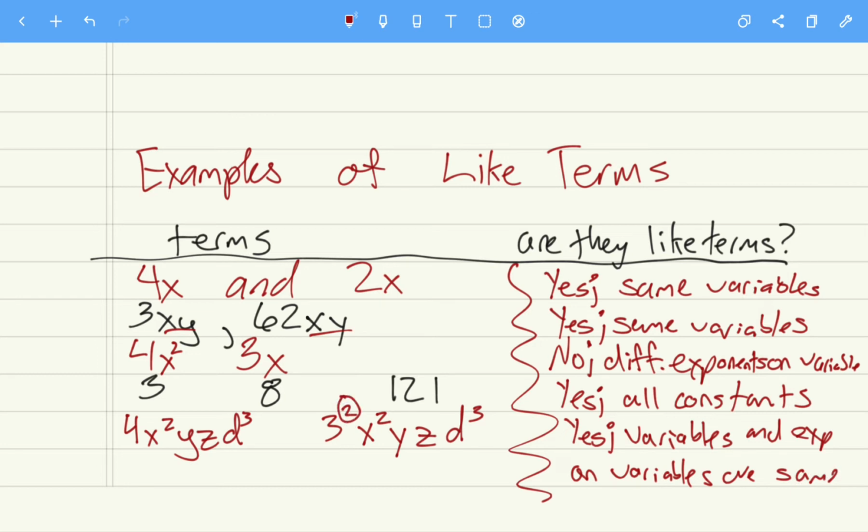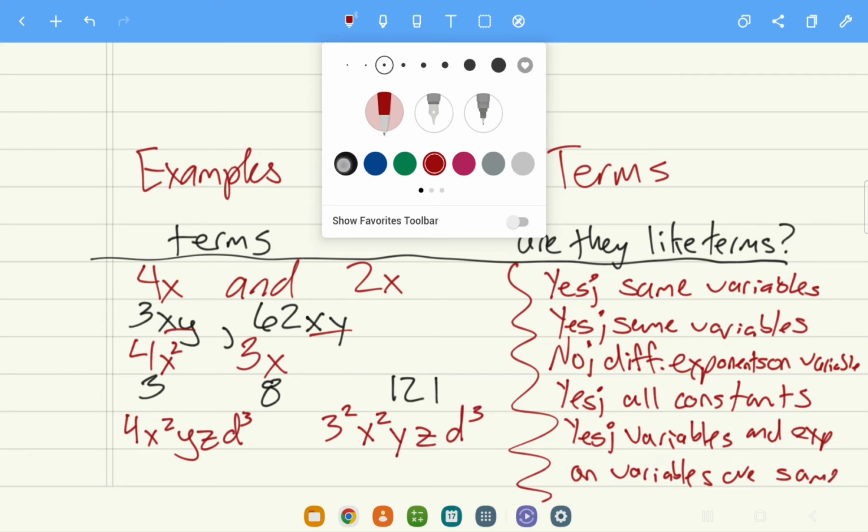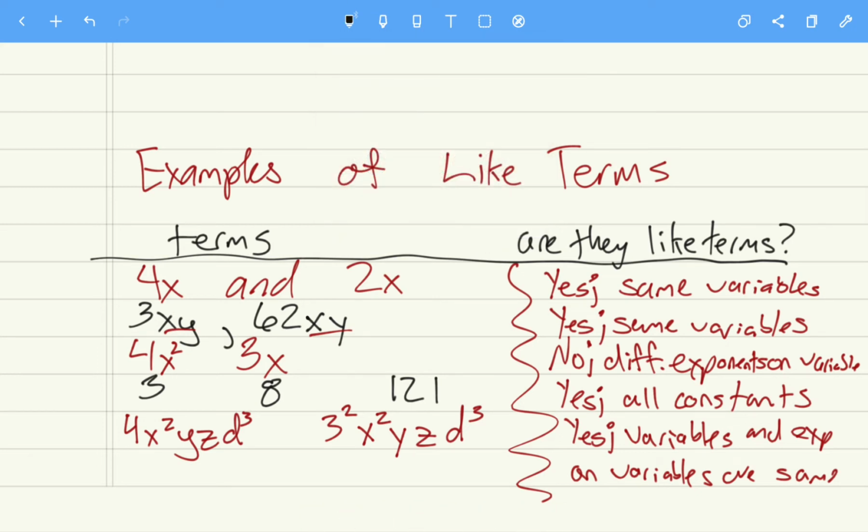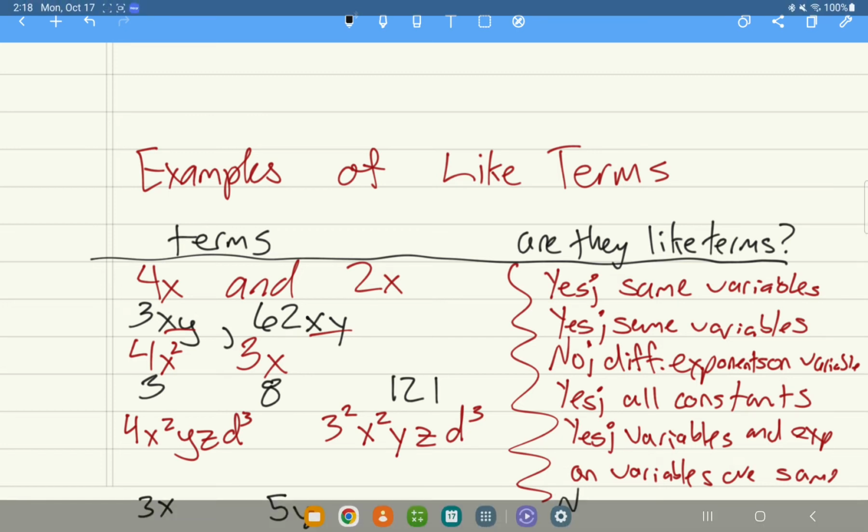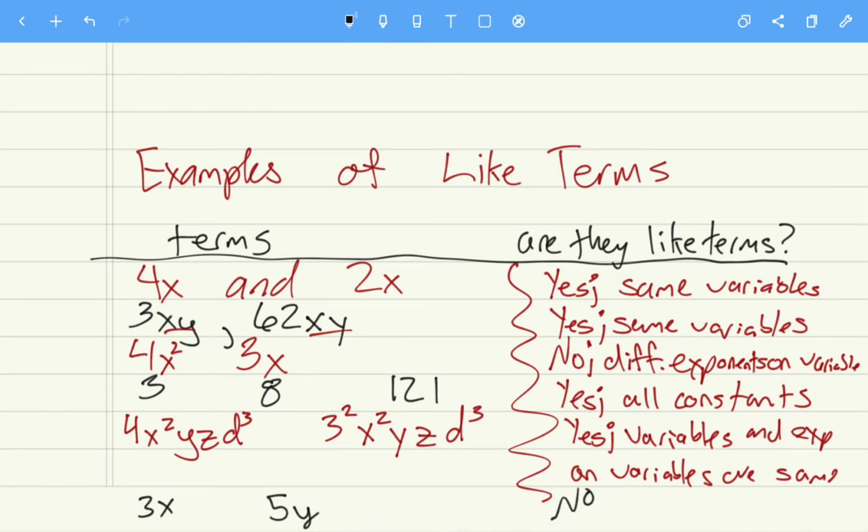Yes, there is a 2 on the 3, but that one does not affect the variable piece. That is only affecting the 3. Let's try one more. Let's do 3x and 5y. These are not like terms because they don't have the same variables.